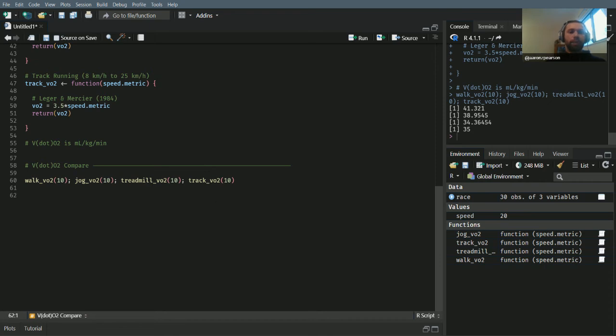So moving forward, let's now get into our caloric expenditure. So we'll Control-Shift-R for a new section, and then caloric expenditure. There we are. So we need to keep in mind that metabolizing 1 liter of oxygen takes about 5 kilocalories, or calories that are what we know of today that are seen on food packages.